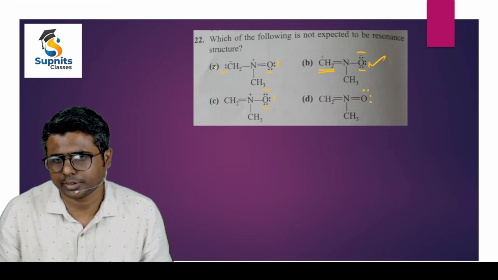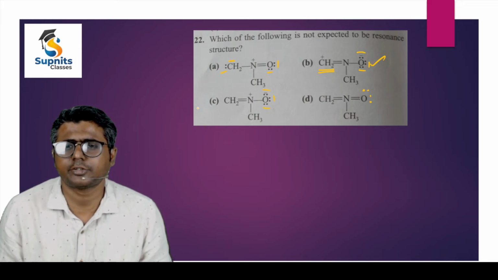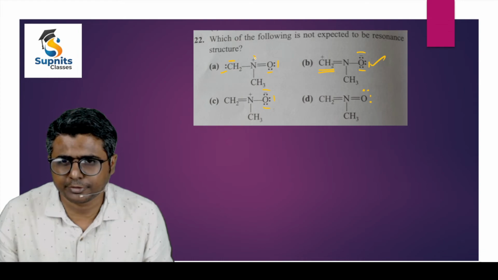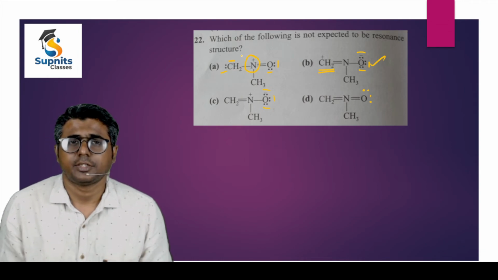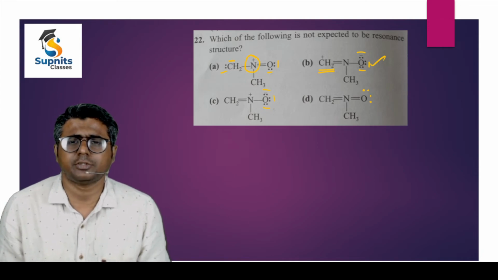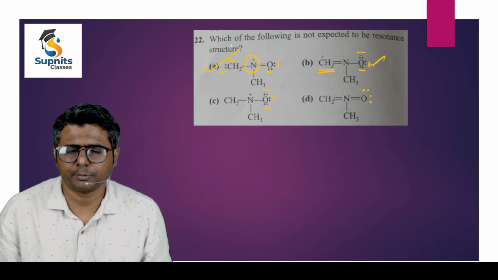Yeah, got it. So here there is a negative charge on an electropositive atom and a positive charge on an electronegative atom. A negative charge on an electropositive atom and a positive charge on an electronegative atom is not stable, so we'll go for option A.